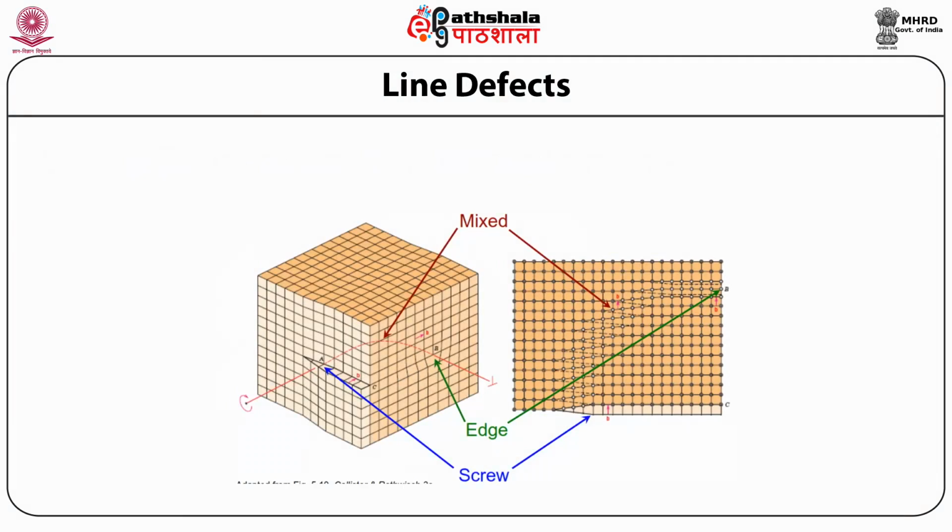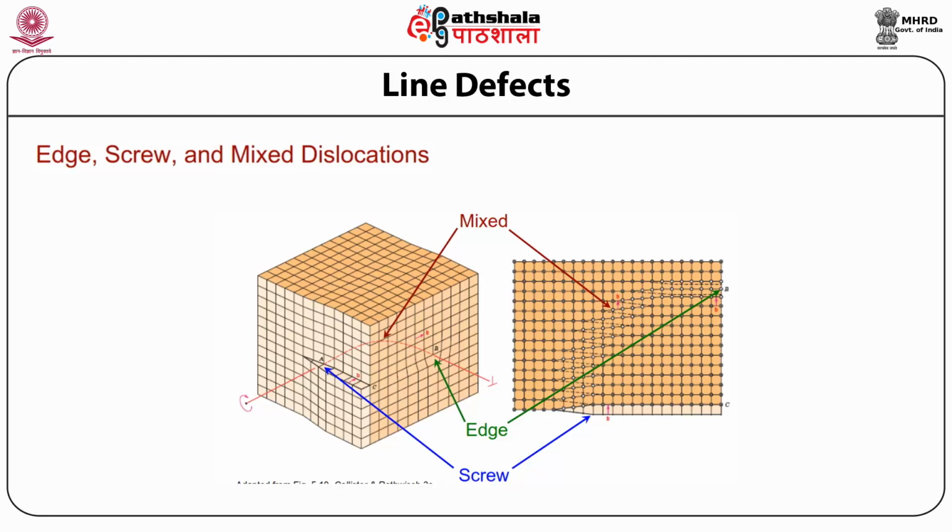Now in this slide you can see that there are mixed types of dislocations. There is a blue arrow which shows a screw dislocation, and there is an edge dislocation. They both can be present at a time. So this is a mixed dislocation, and when you take the intersection from the point of this dislocation, that is shown on the right side.